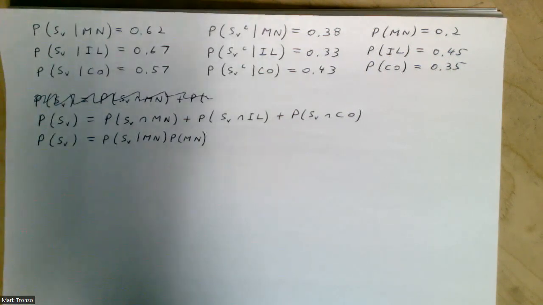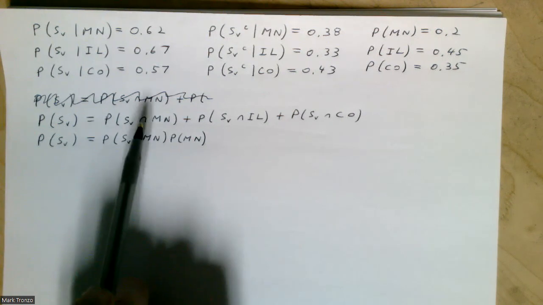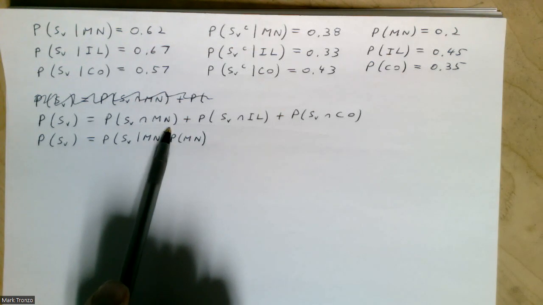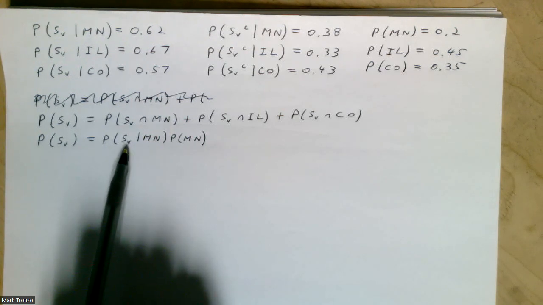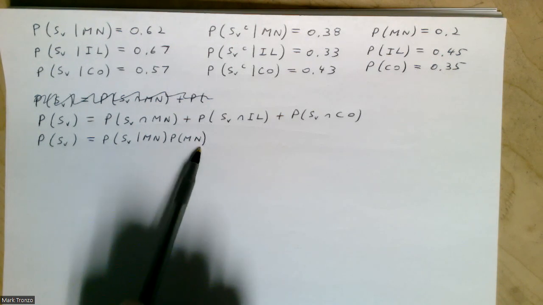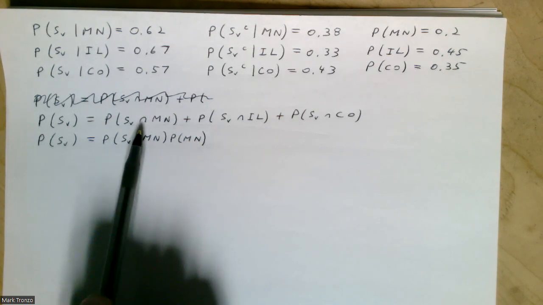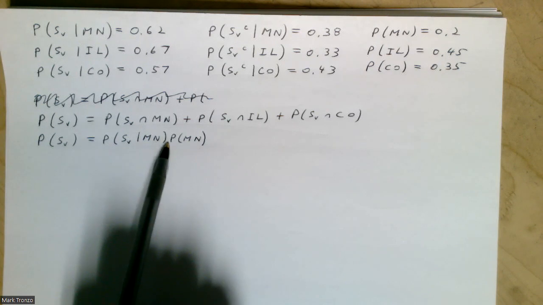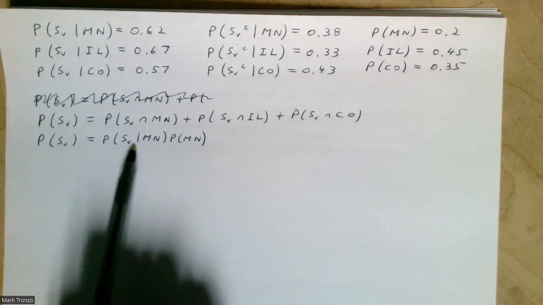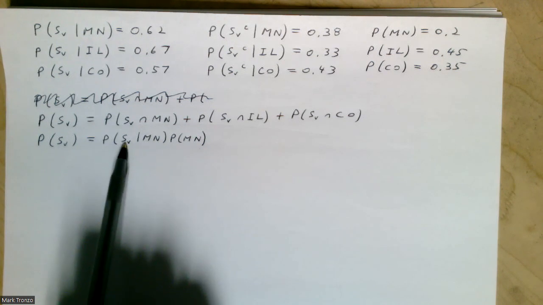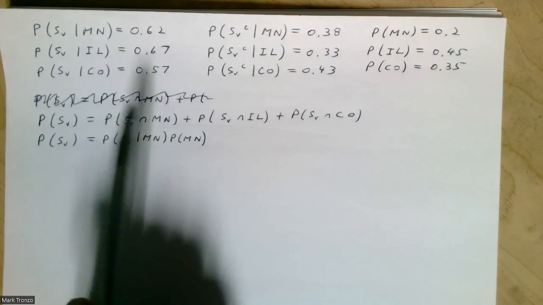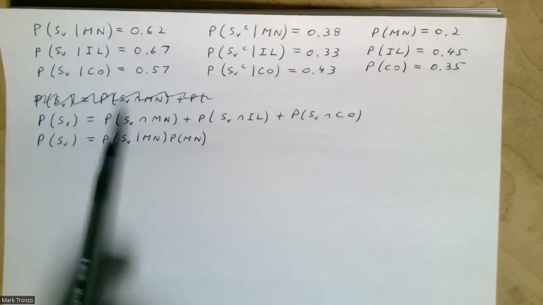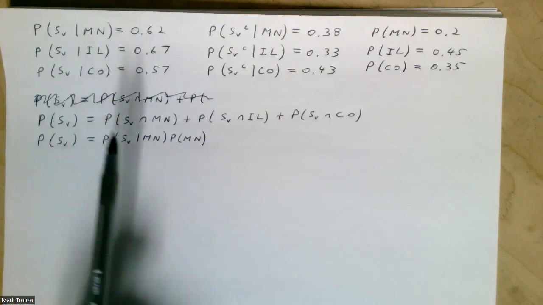Now, one thing to note here is, remember, if you go back to the probability of the intersection, we can write that as Mn given SV times probability of SV, or we can write it this way: SV given Mn times the probability of Mn. Now, the reason we chose to do it this way rather than probability of Mn given SV is because we know this information up here. So we want to rewrite this in a way using information that we know.